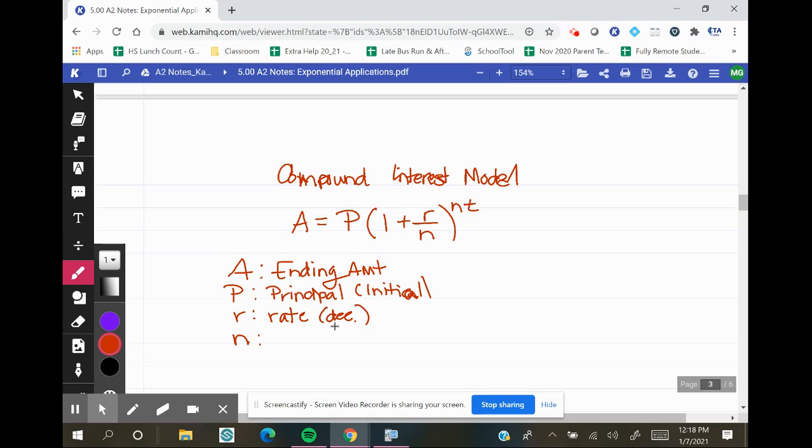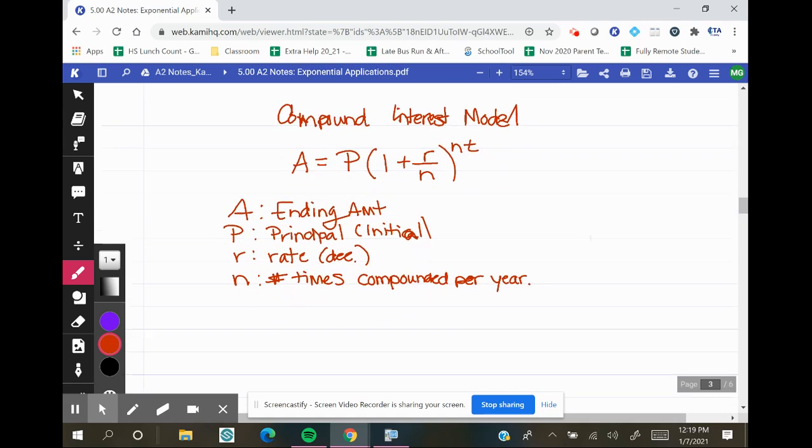N, we haven't had an n before. N is the number of times that you compound per year. So if it's annually, it's once a year.